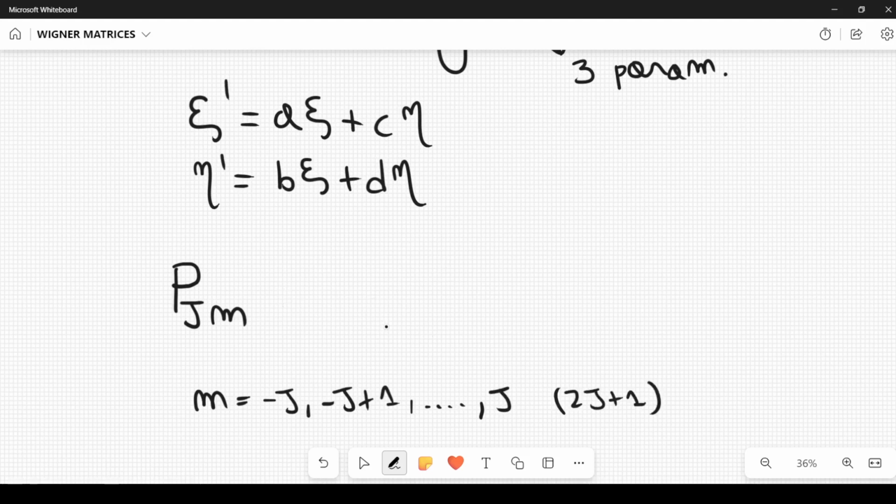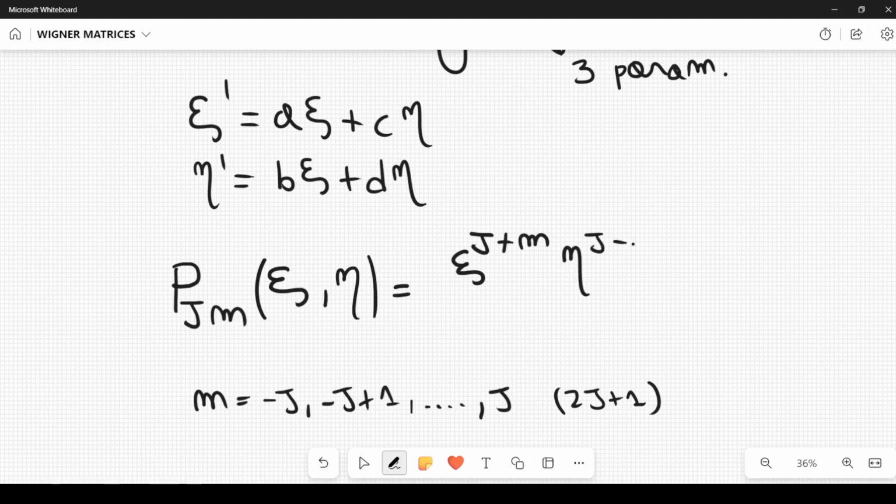And this is also related to all the possible states that you have for a spin j particle, for example. And this polynomial is a polynomial that depends on xi and eta. And I define it to be of the following kind. It is a polynomial of degree 2j. You have xi to the j plus m and eta to the j minus m.